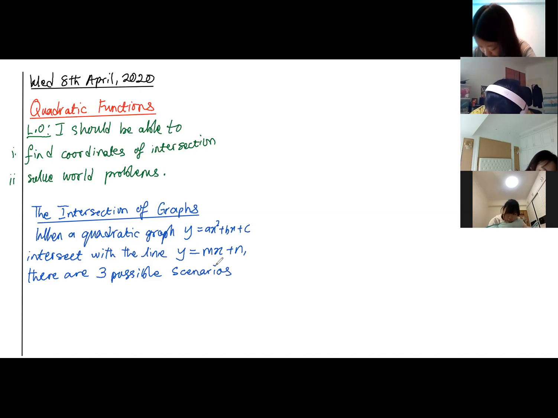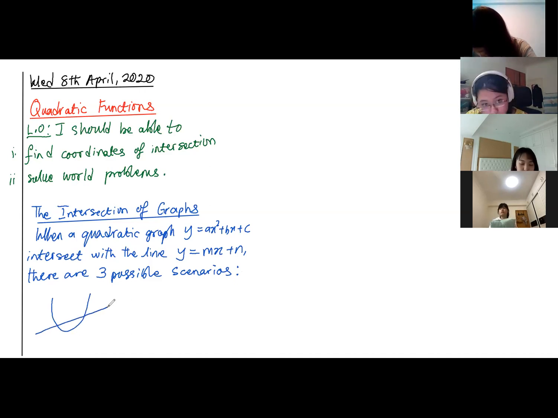I hope I got that spelling right. So the first scenario looks like this. So the second scenario is like that. Okay. Let's see.